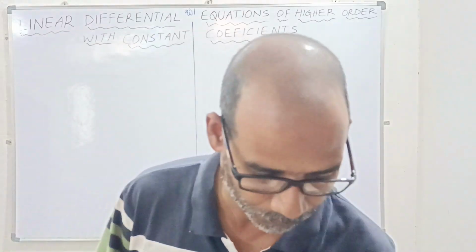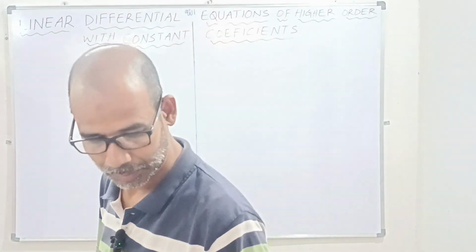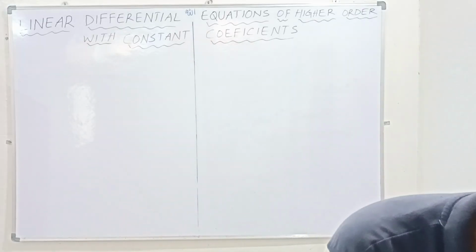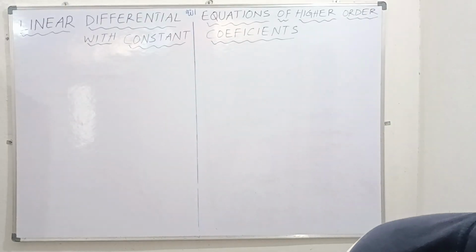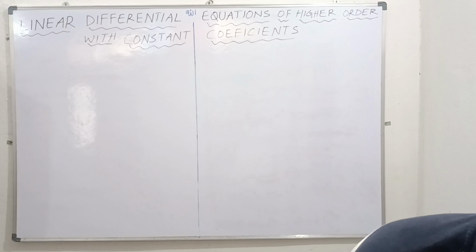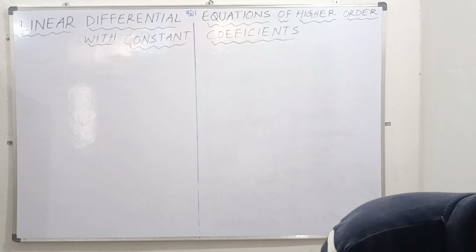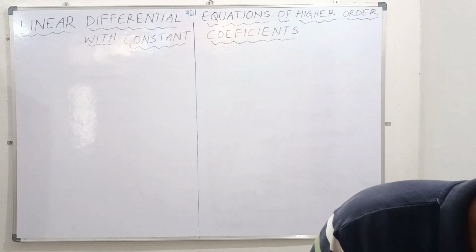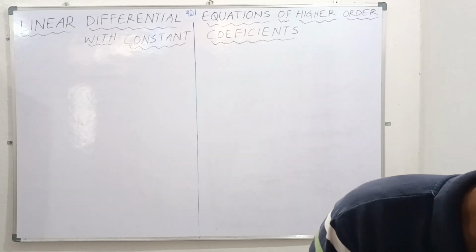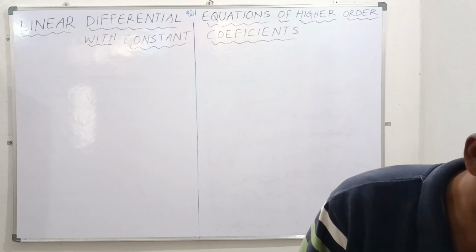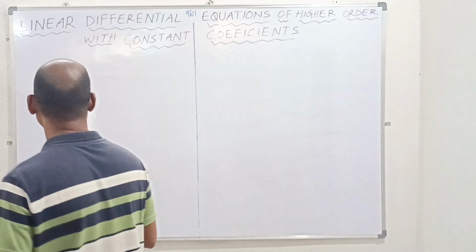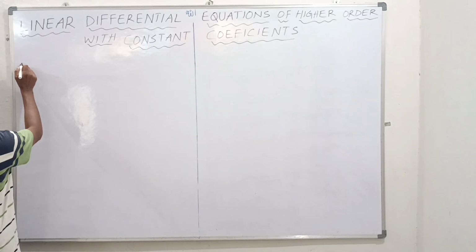So now solve D square plus 3D plus 2, solve question number 2.